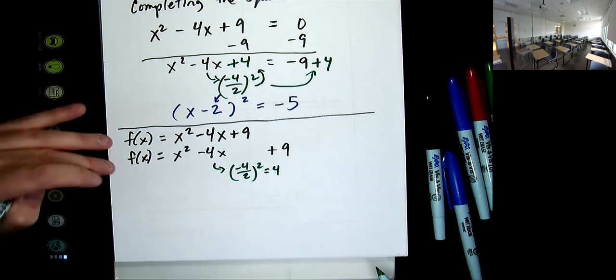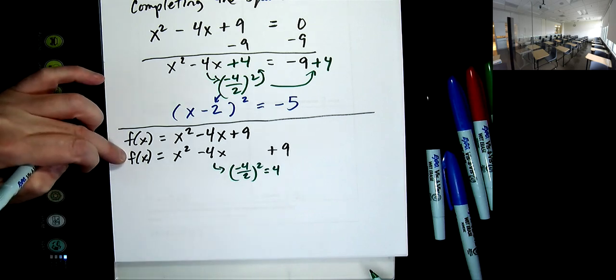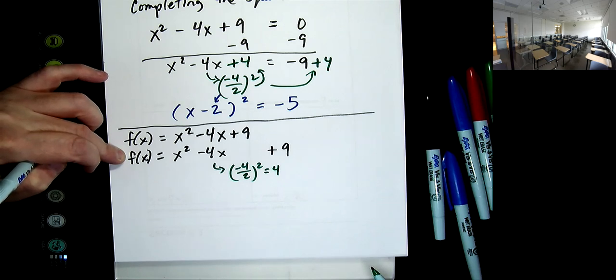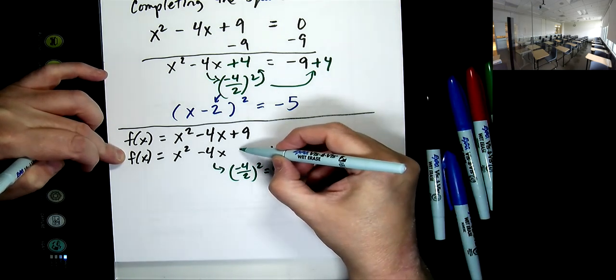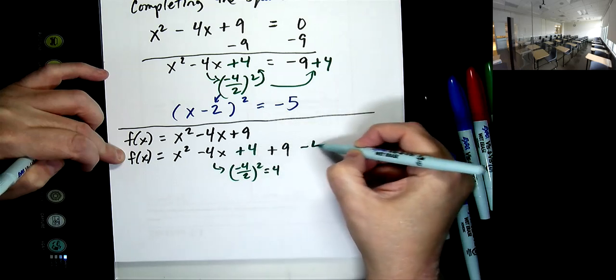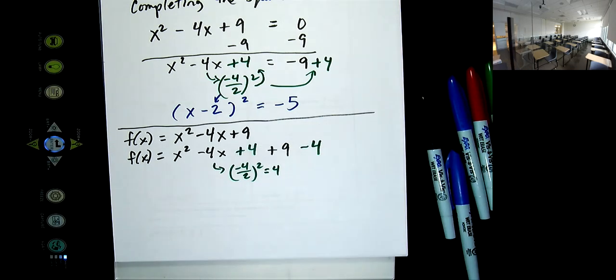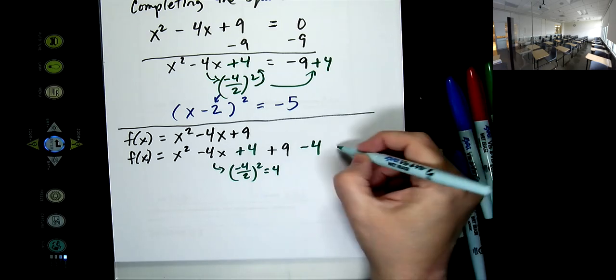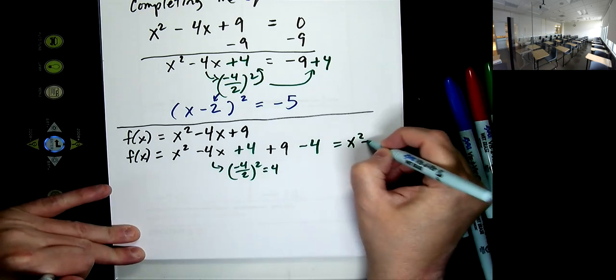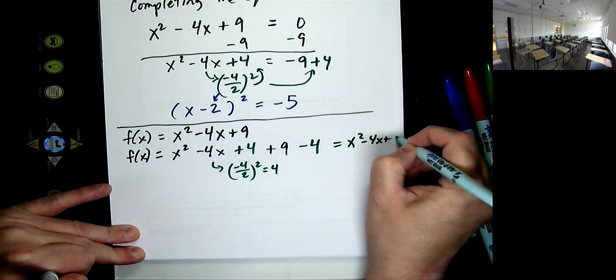Now, since we're not adding it to the other side, and I don't want to change the value on the right side, what I can effectively do is add 4 and subtract 4. So the right side, if we add this up, is still x squared minus 4x plus 9.